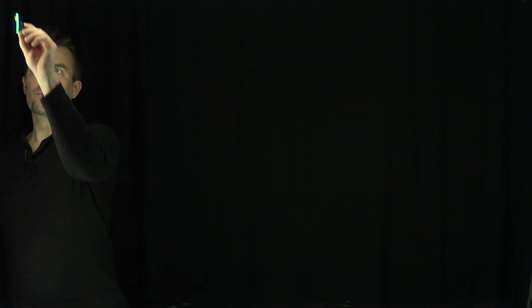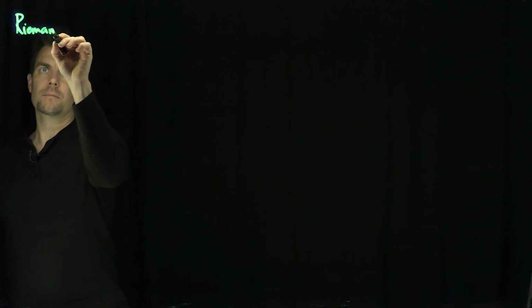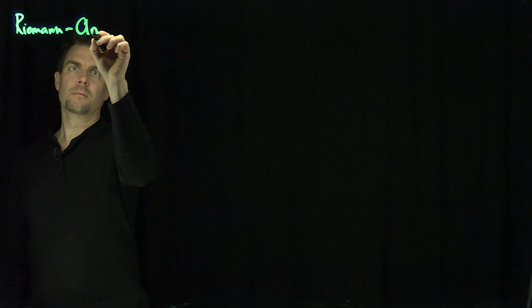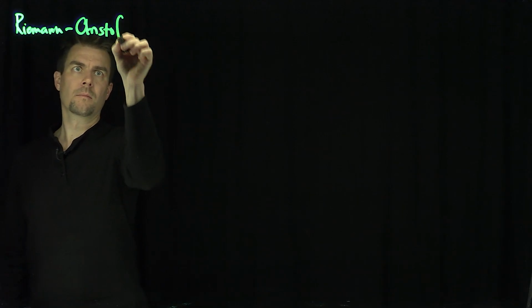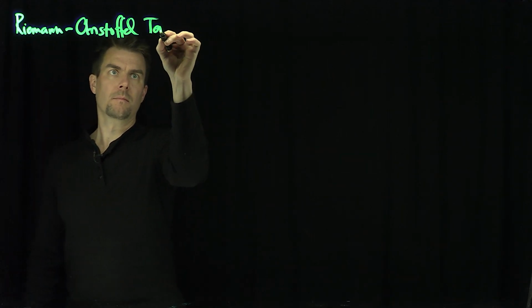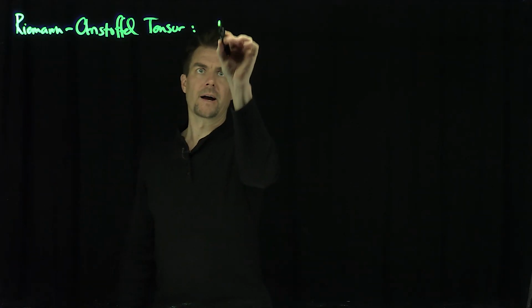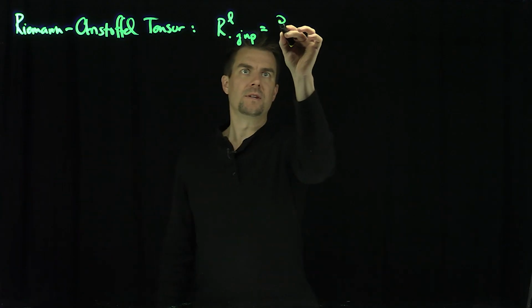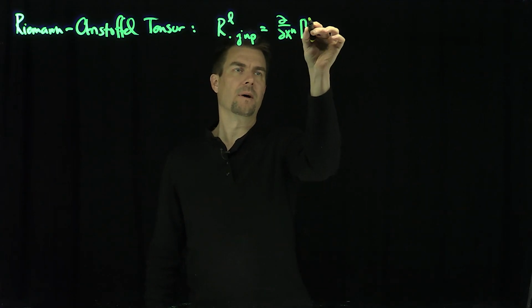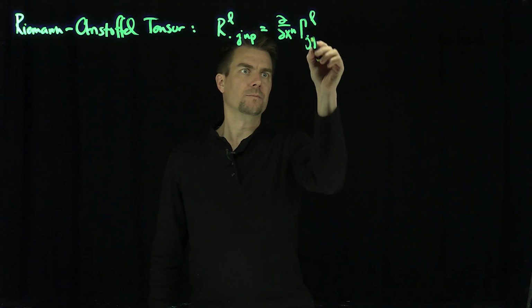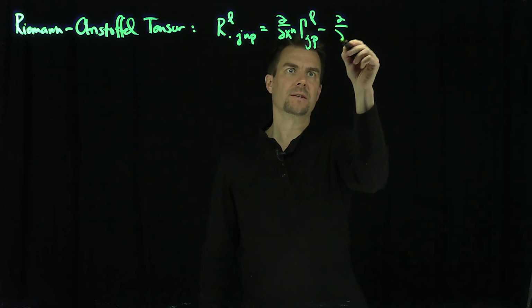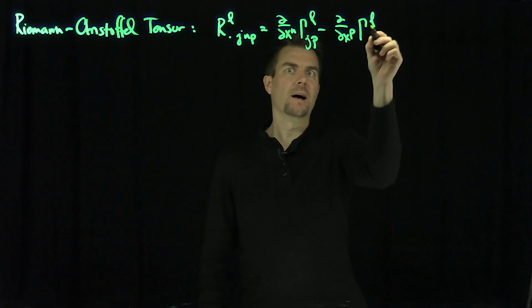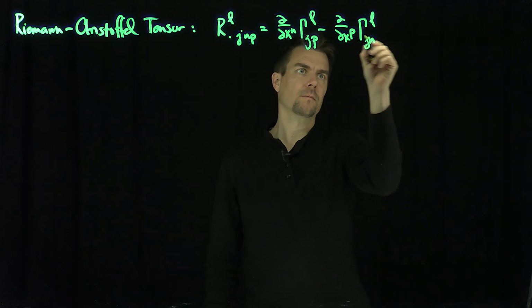Hello students, in this video we'll prove the first algebraic Bianchi identity. So let's recall that the Riemann-Christoffel tensor is given by R^L_{JNP} = ∂/∂x^N of Γ^L_{PJ} minus ∂/∂x^P of Γ^L_{NJ}.